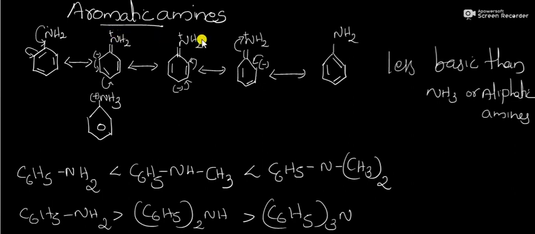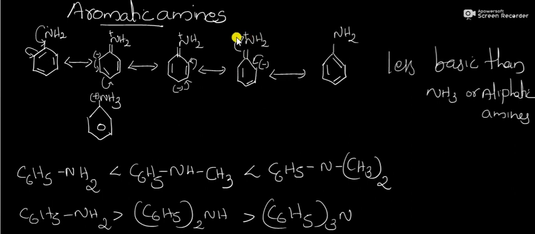So the availability of the lone pair of electrons on the nitrogen atom will decrease due to the resonance effect. So aniline is less basic than ammonia or aliphatic amines. Here the electron density on the nitrogen atom will be less.